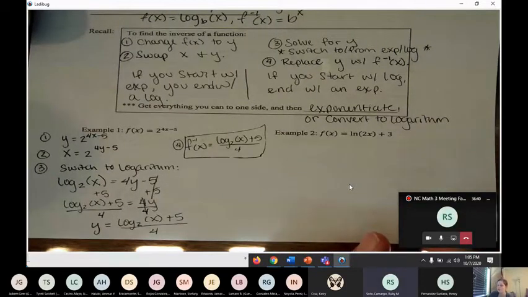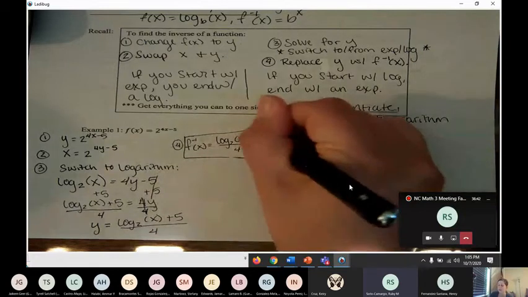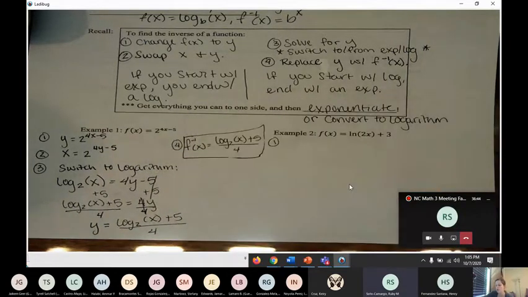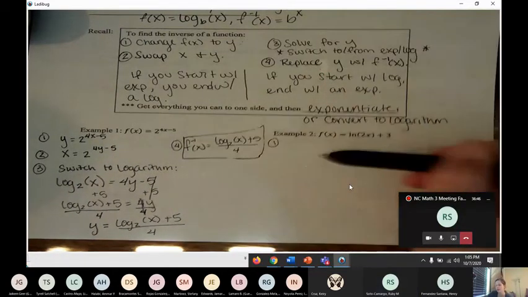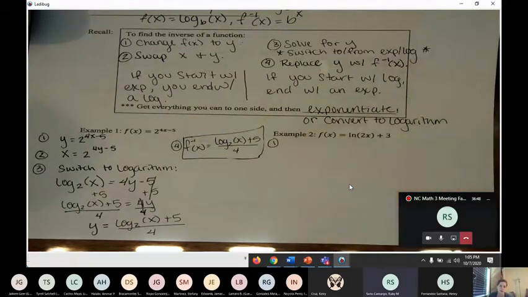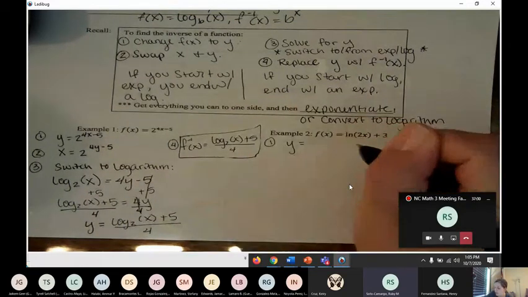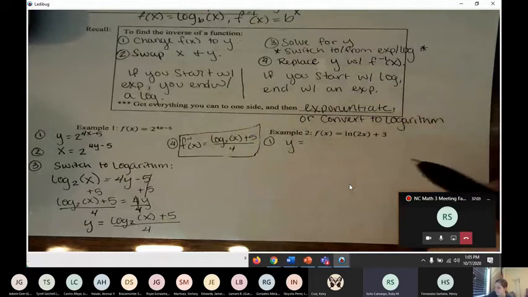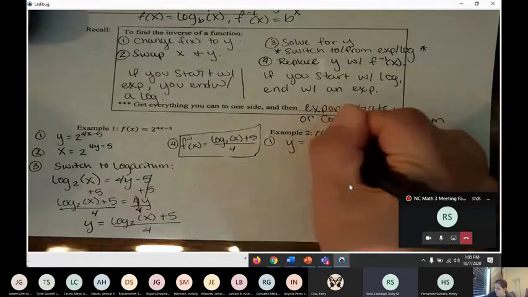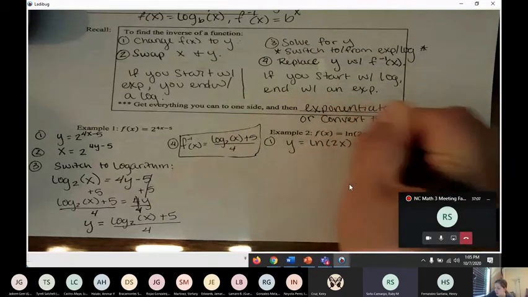Okay, so you're going to do step 1. So read step 1 up here and then tell me what to write right here. So we changed the f. So it's gonna be y equals 2x plus 3. Yeah, don't forget your natural log though. All right, perfect. Thank you, Ruby.